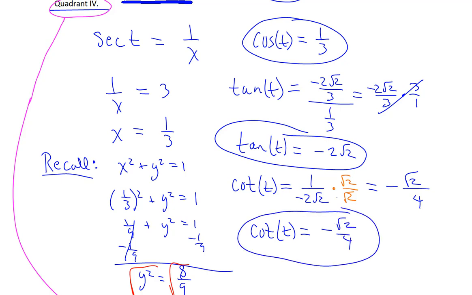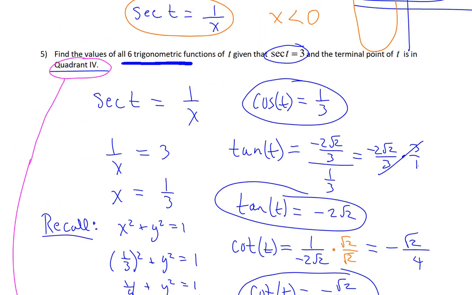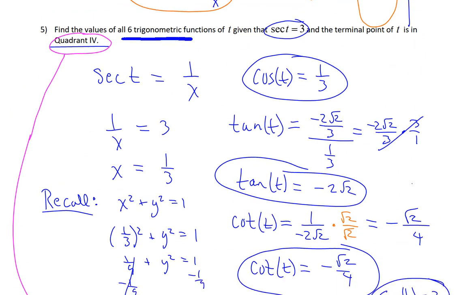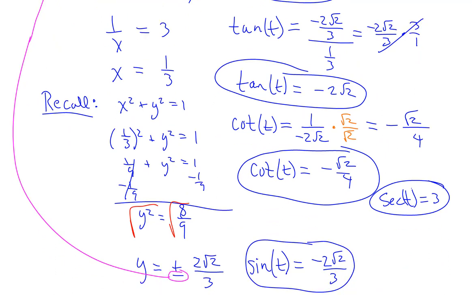Okay, how many do we have here? 1, 2, 3, 4. And then notice above, secant was given to us, so we could just rewrite that one, but it was already provided that the secant of t is 3. That was given. What does that leave? Let's see. Cosecant. So, okay, cosecant. Cosecant would be 1 over y, as we had it defined previously above. So we have the y value as negative 2 root 2 over 3.